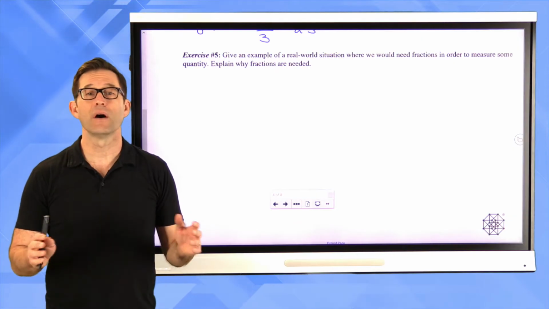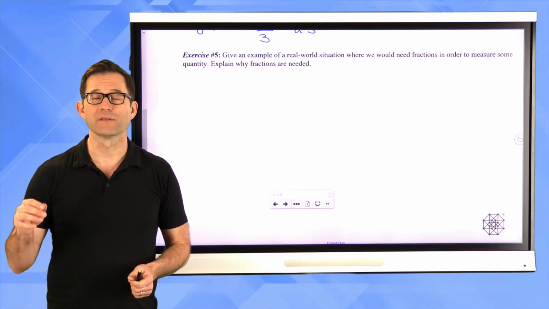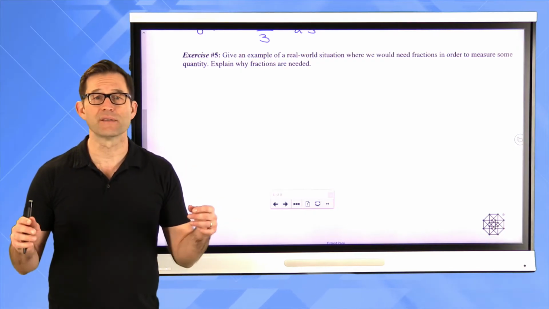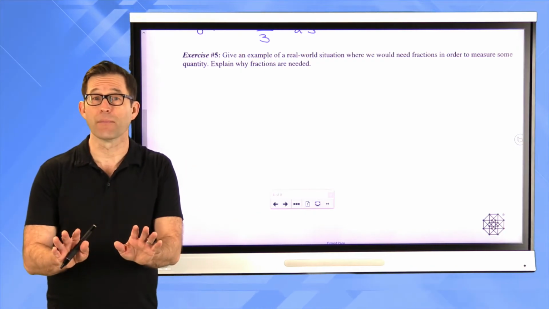Well, again, there's tons of examples. They come from things like construction to weighing yourself to, let's say, cooking. Cooking is a great example, right?